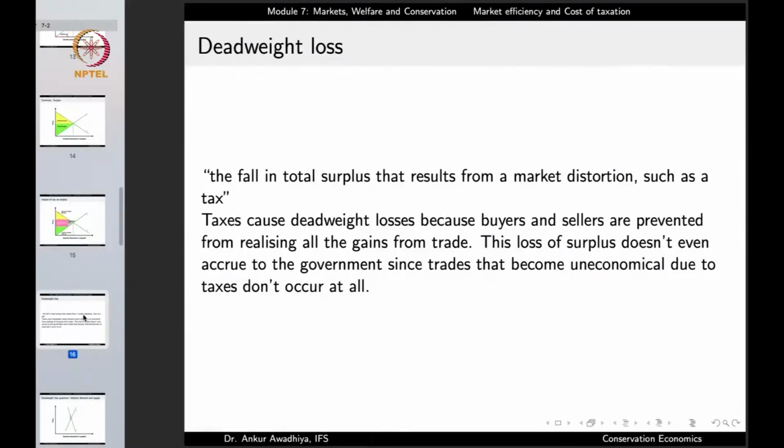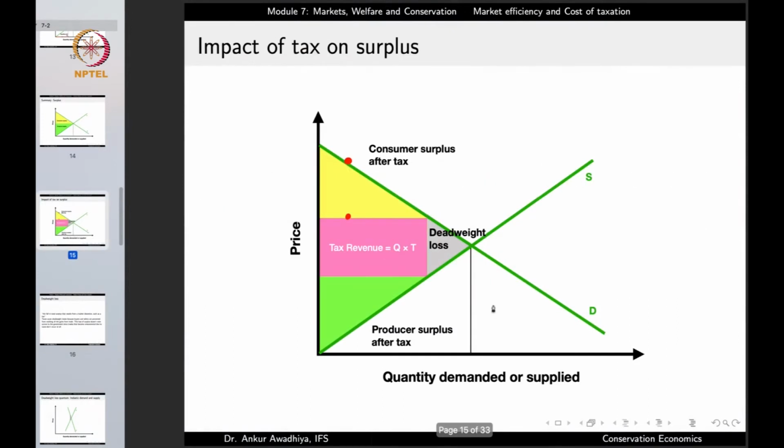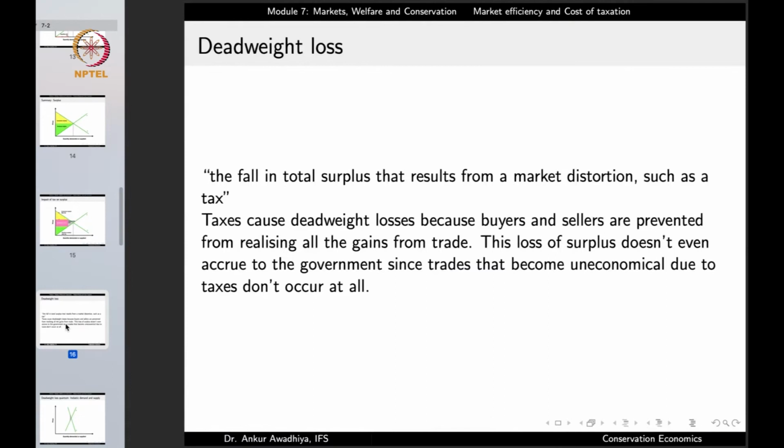So it is a market distortion. And a deadweight loss is the fall in the total surplus, which is what we have seen in the form of this gray area. It is a fall in the total surplus that results from a market distortion such as taxation. Taxes cause deadweight losses because buyers and sellers are prevented from realizing all the gains from the trade.